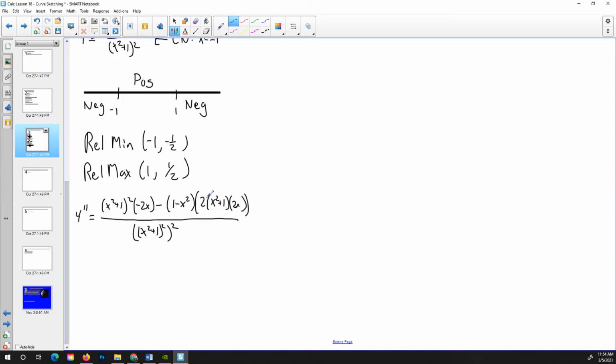Now when I go to do this one, you'll notice that I have an x squared plus 1, and an x squared plus 1, and I have 4 x squared plus 1's in the bottom. So I can cancel out an x squared plus 1. So I'm going to do that before I simplify. That's going to make my final answer a little bit easier to get to. So if I cancel out an x squared plus 1 here, I'll have just one x squared plus 1 left over times the negative 2x.